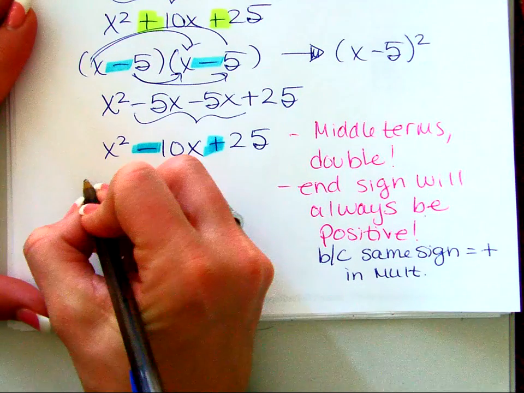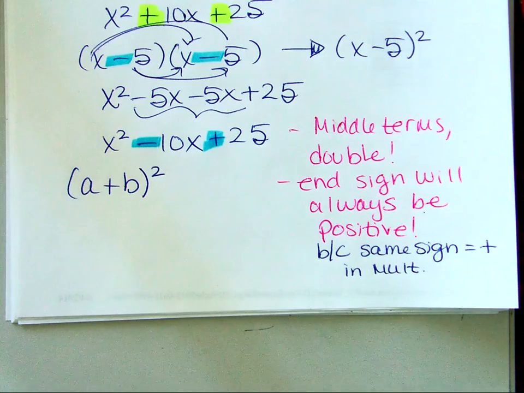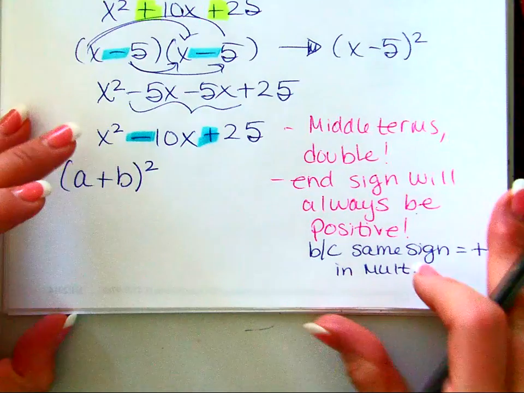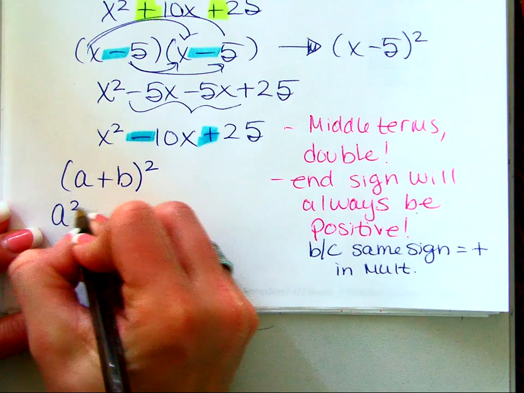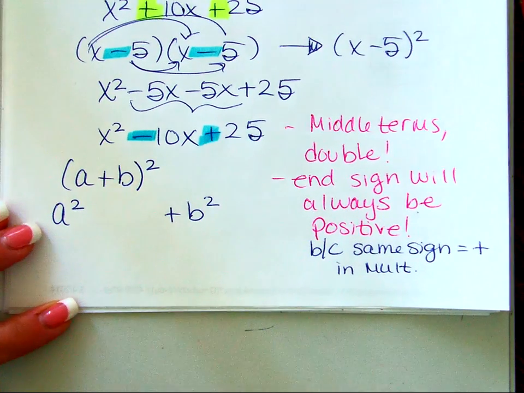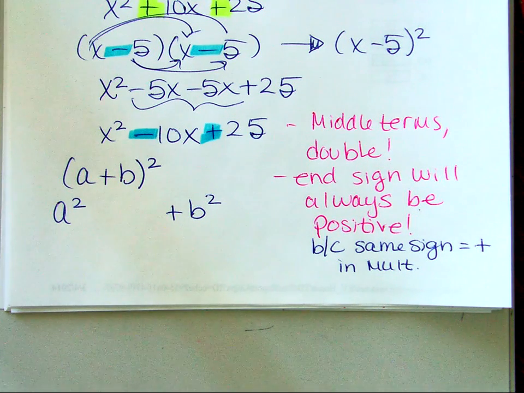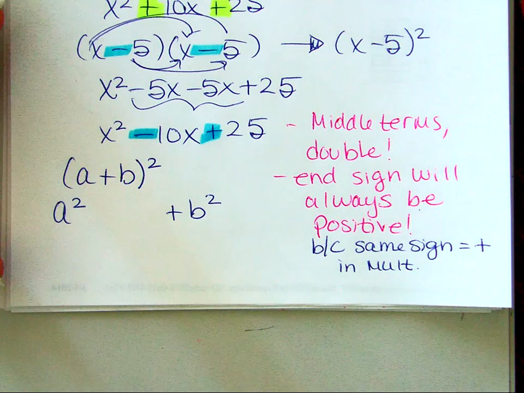Okay, I'm going to show it to you right now. So, here's the shortcut. If I have an a plus b squared, don't I just take the a and square it? And don't I just take the b and square it? That part hasn't changed. That part is at least similar to the other one.